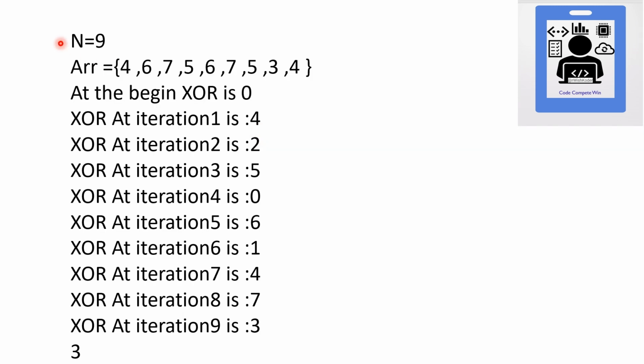Let's take one example. Our size of array is 9 and our array contains 4, 6, 7, 5, 6, 7, 5, 3, 4. As you can observe, only 3 is the element which appears once in the array.